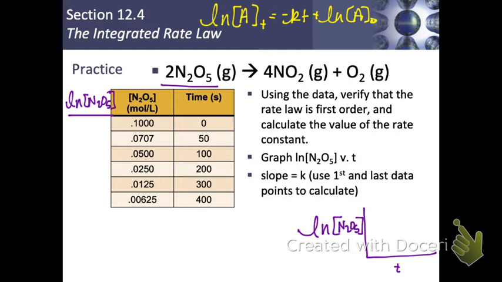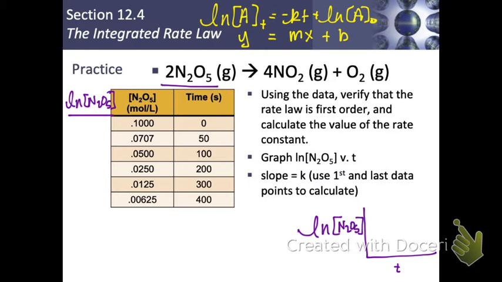So here's our equation for the integrated rate law for first order reactions. It lines up just like y equals mx plus b, right? Y equals mx plus b. So that's the reason we're able to graph this and see this data.